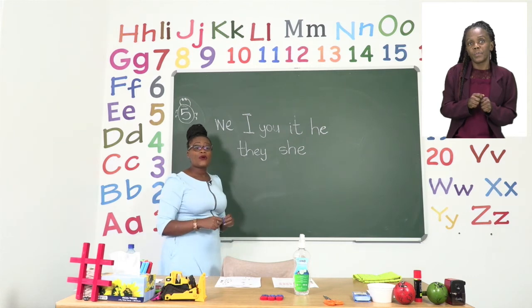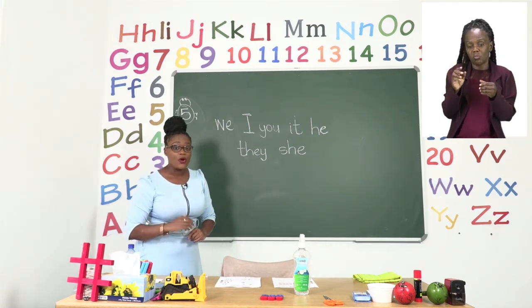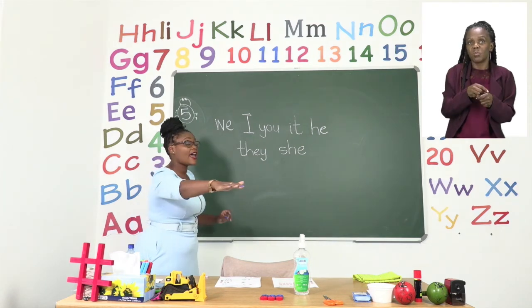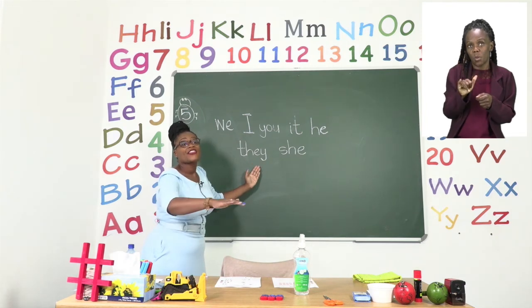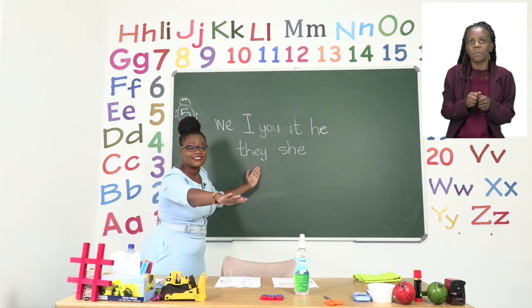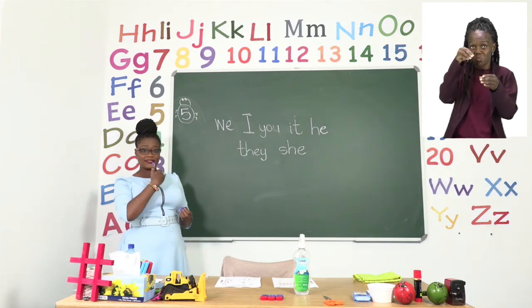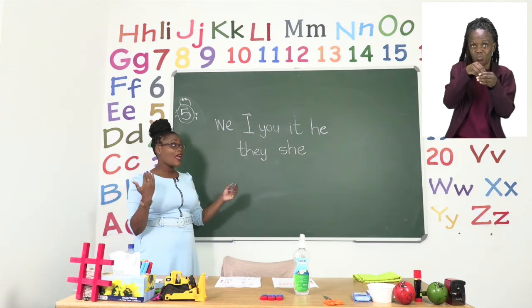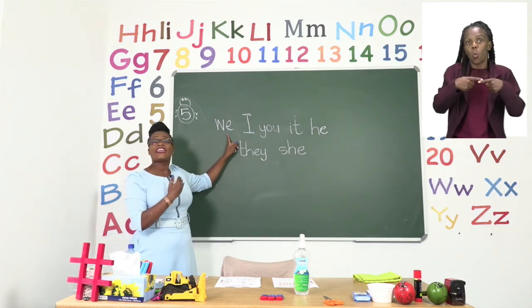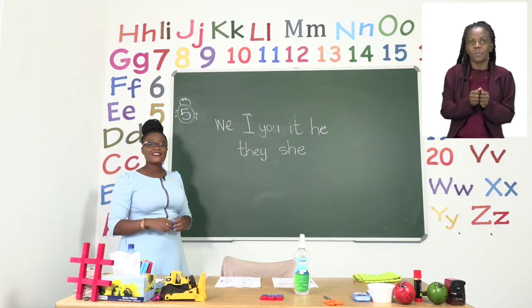If we point to a group of people that we are not a part of, we point to that group and we say they. They. But if we are a part of that group, we point to everyone in that group, including yourself, and we say we. We.